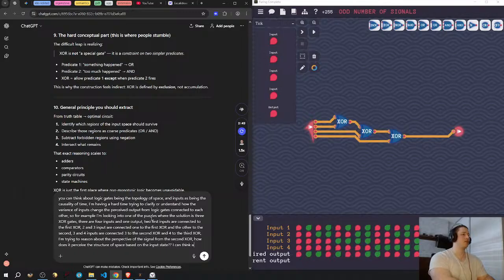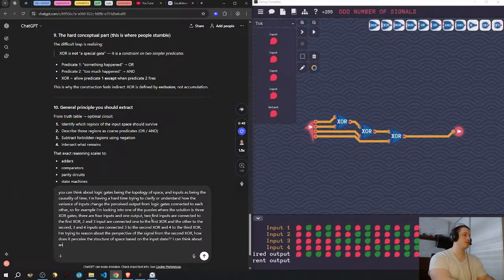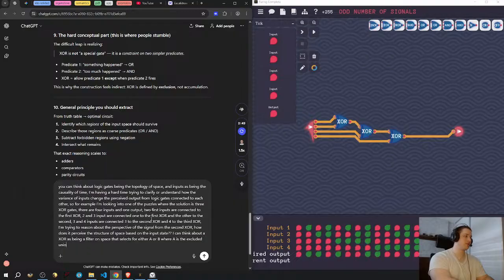You can think about an XOR as being a filter on space that selects for either A or B, where A is the excluded union on the left side and B is the excluded union on the right.